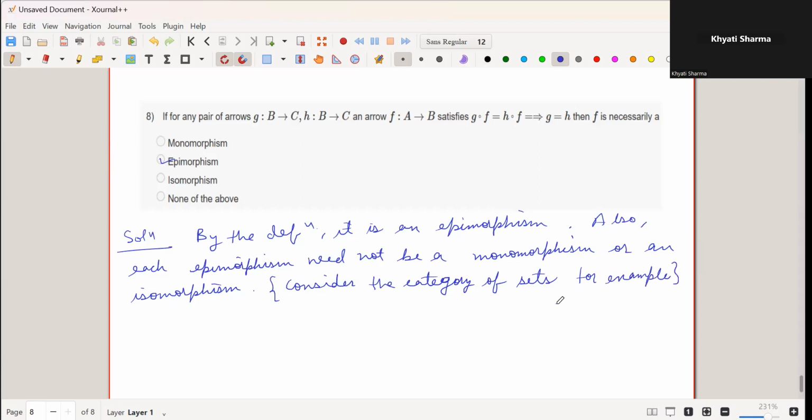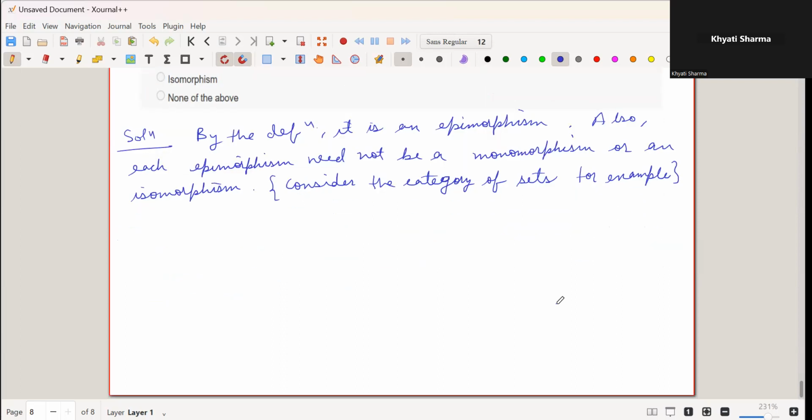There, every epimorphism need not be an isomorphism, or in fact need not be a monomorphism. Okay, so yes, I think we can move to the next question now.